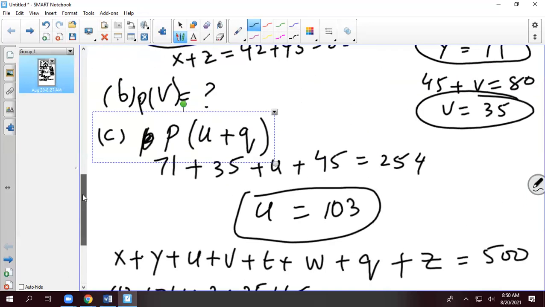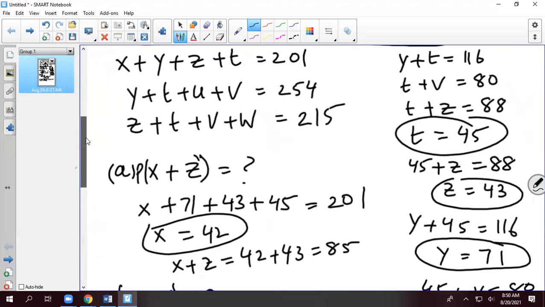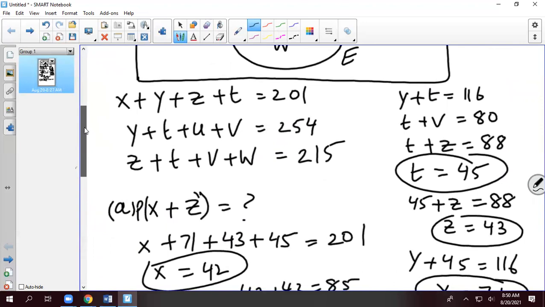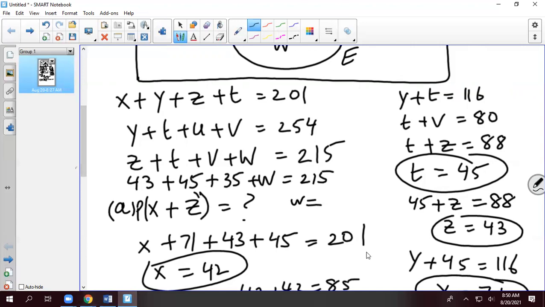W, we never found out W. So W can be found from this equation. Z is 43, T is 45, plus V was 35, plus W equals 215. So that gives me W equals 80 plus 43 is 123, and when I subtract from 215, I get 92. So W is 92.